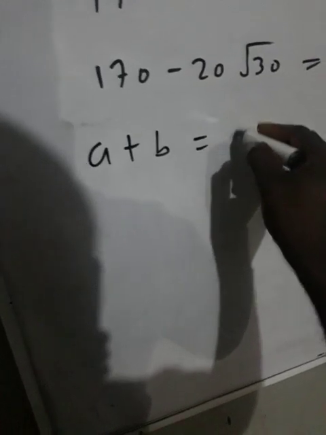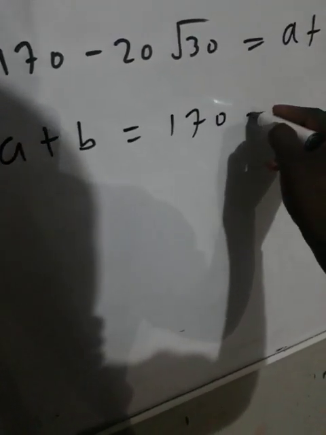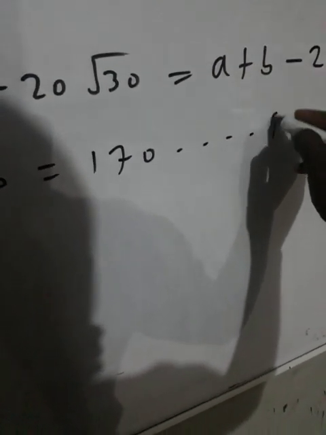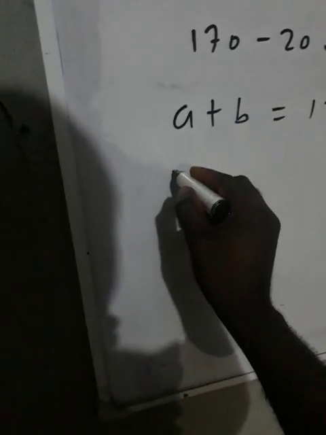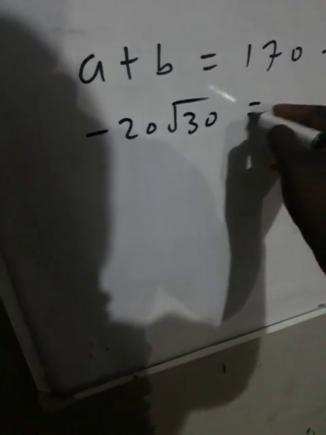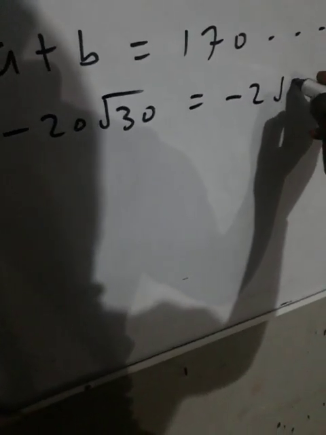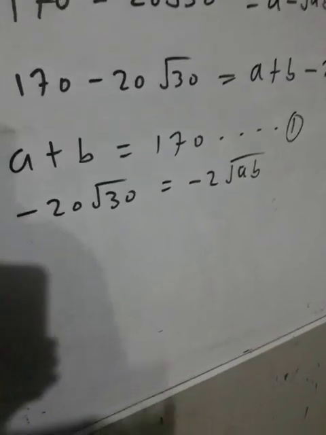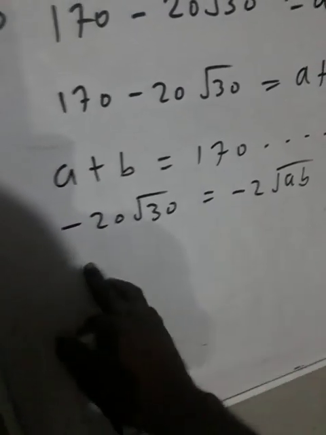We have that a plus b is equal to 170. Call this one equation 1. We now have that minus 20 root 30 is equal to minus 2 root ab. Simplify this further by dividing both sides by minus 2.